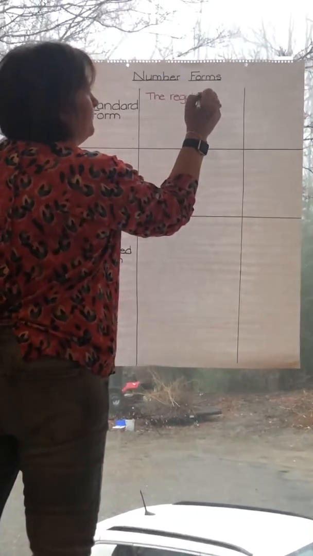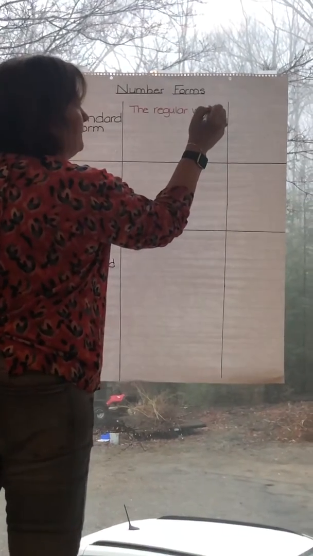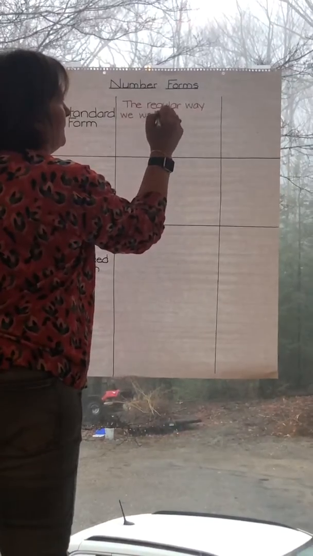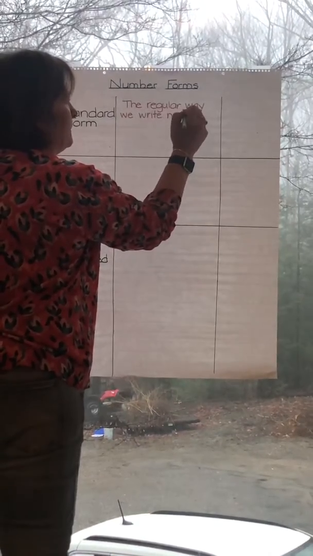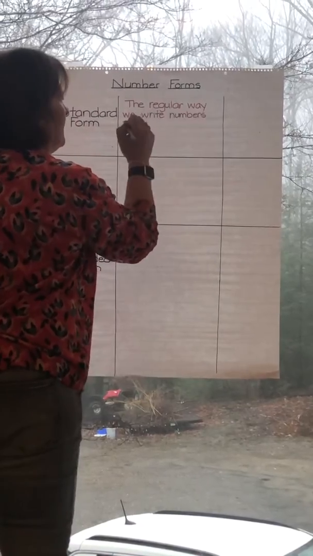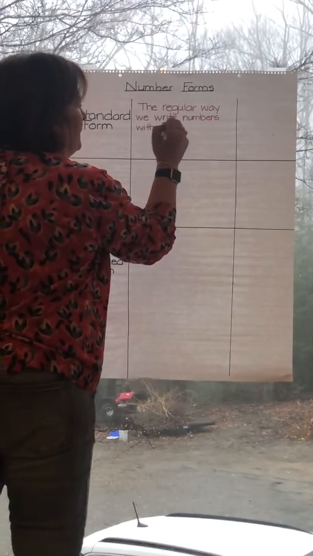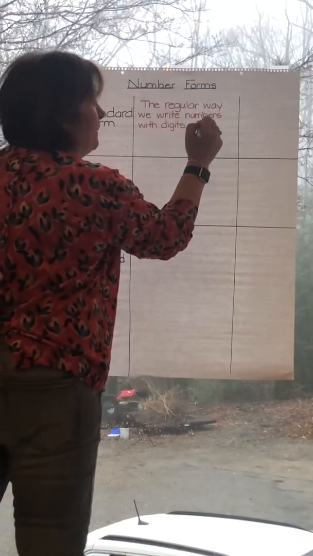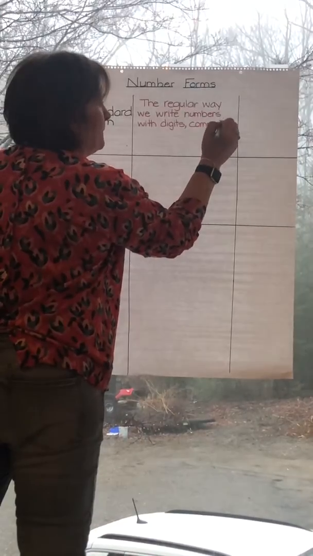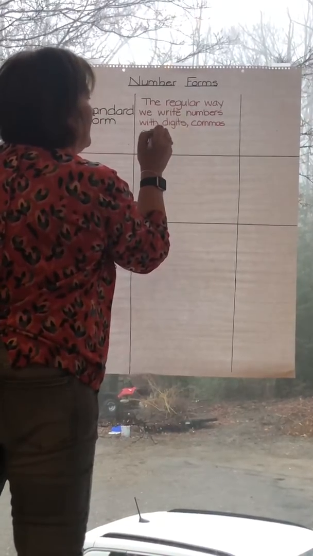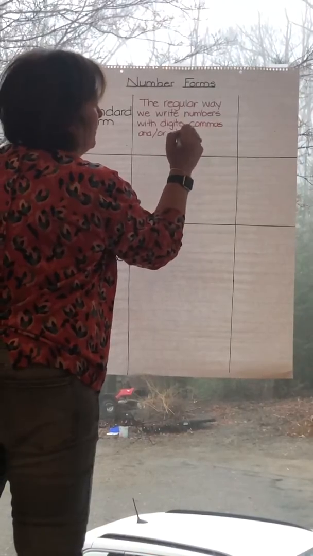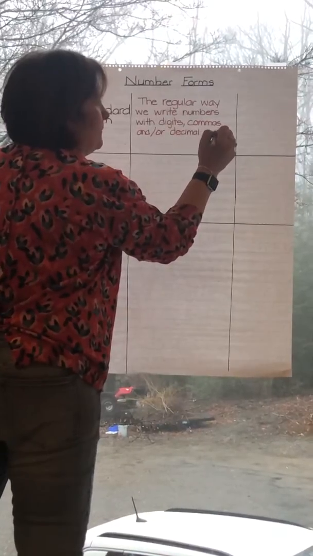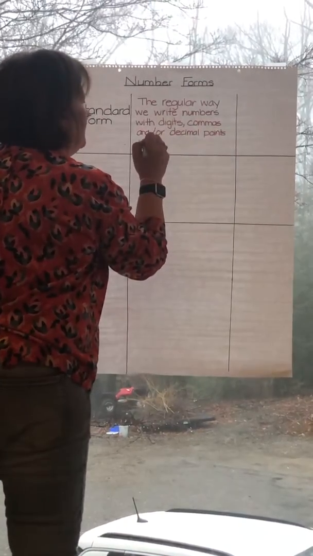The regular way we write numbers with digits, commas, and or decimal points when needed.